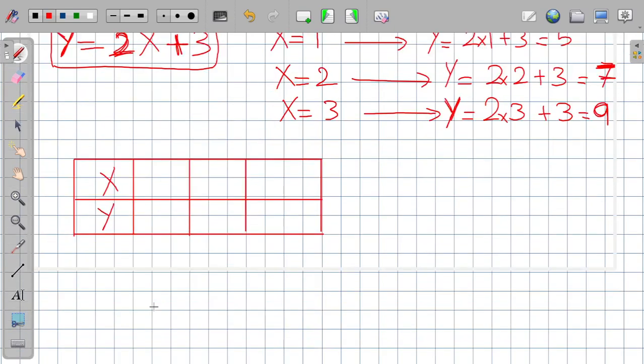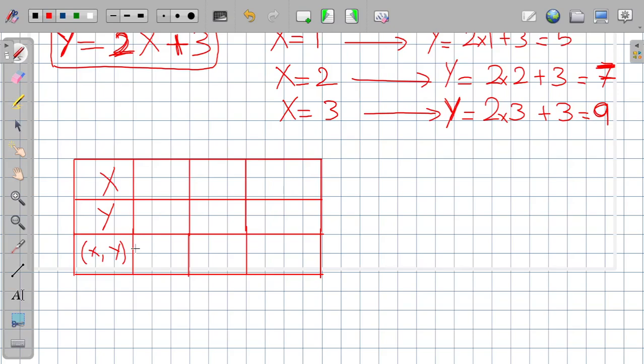And if I wanted to draw another row to get the ordered pair like this, to get the ordered pair. So I have here x and y.